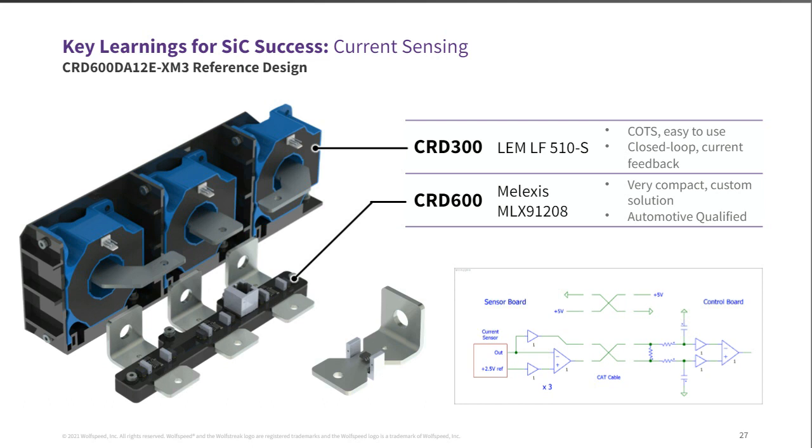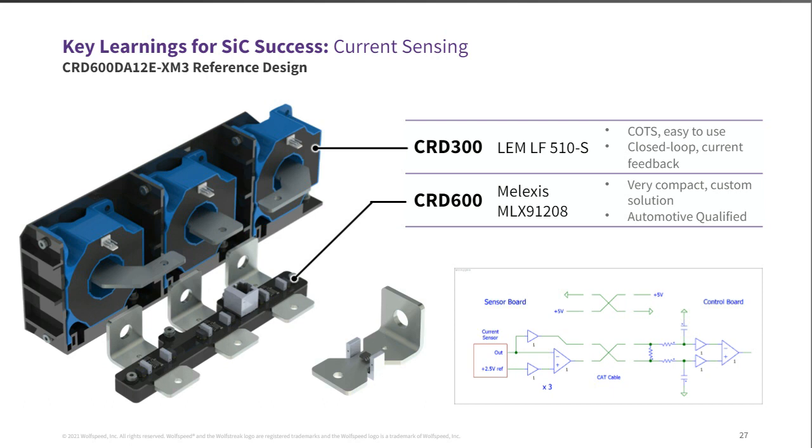So what we've done is implement the Melexis current sensor, a Hall effect sensor that requires a ferromagnetic shield to concentrate that magnetic field and measure the current that way. And this enables a very compact solution. It is more custom, again similar to the capacitor for the 600 kilowatt kit.